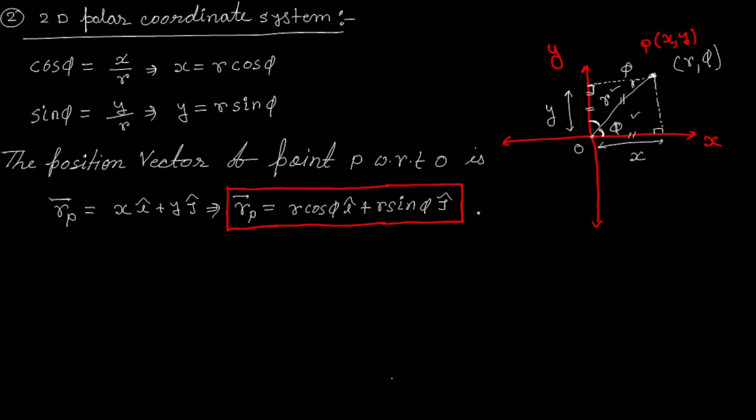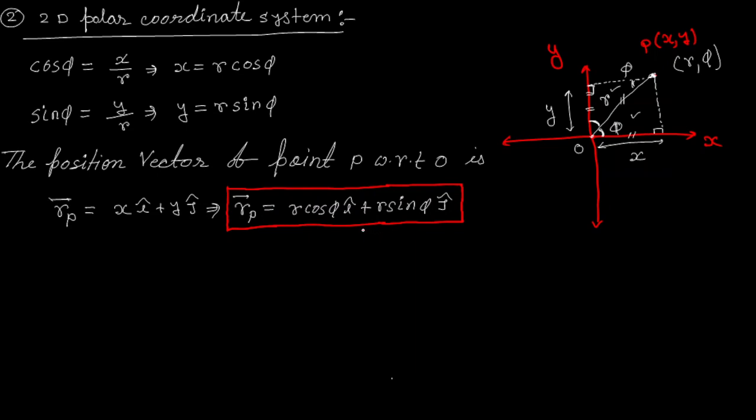So if I have any point whose coordinates are r and phi according to the polar coordinate system, and we want to write the position vector of this point, we can write it this way: rp is equal to r cos phi i cap plus r sin phi j cap.